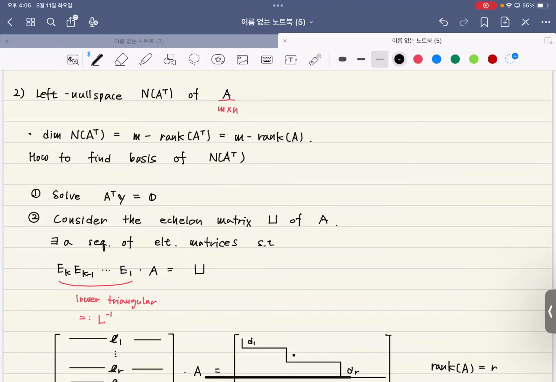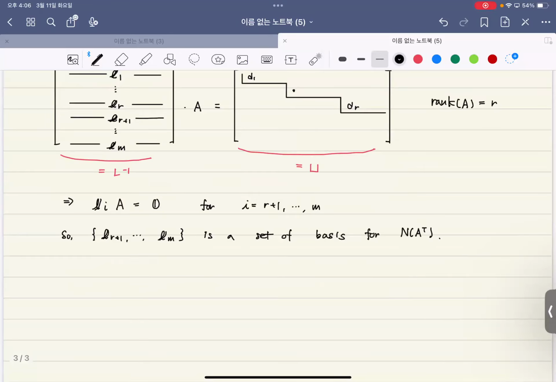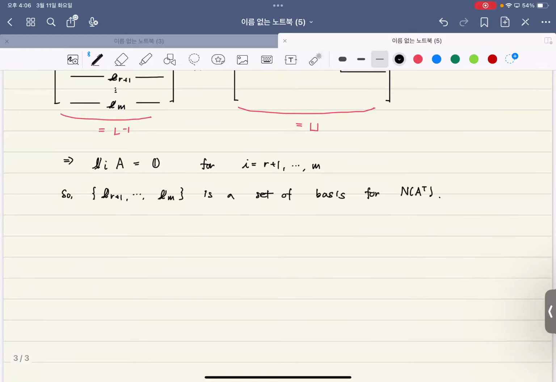So these rows of L are a set of bases for the left null space of A. By doing so, I was able to find the basis of the left null space.